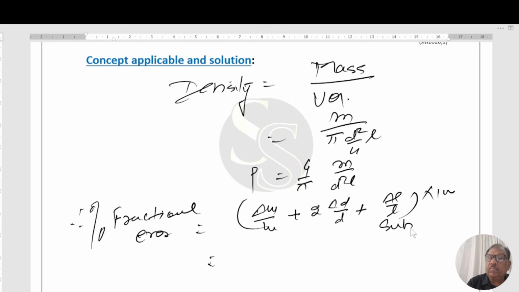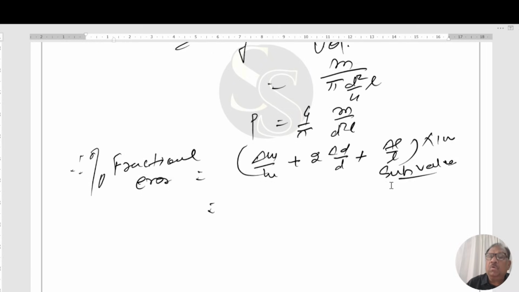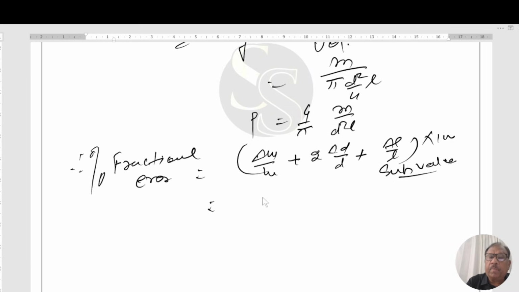Substituting values. My concept is clear up to this, but I will tell you also how to make the calculations.